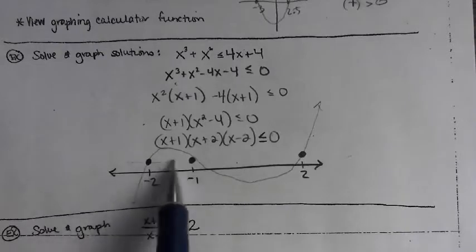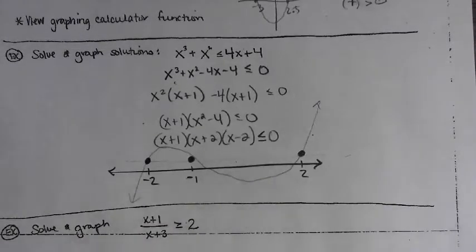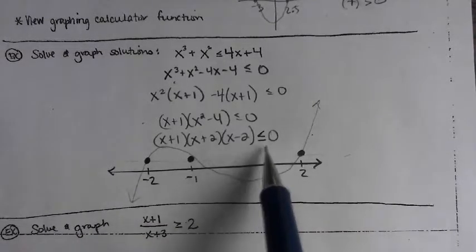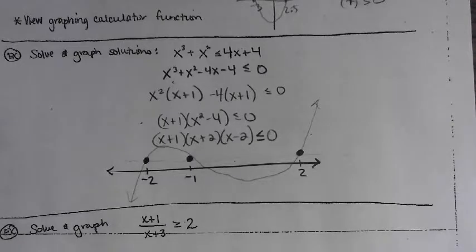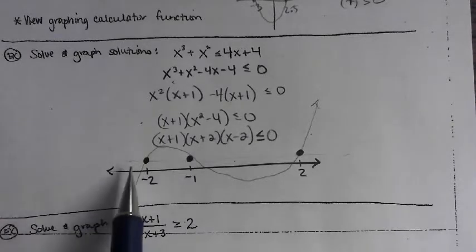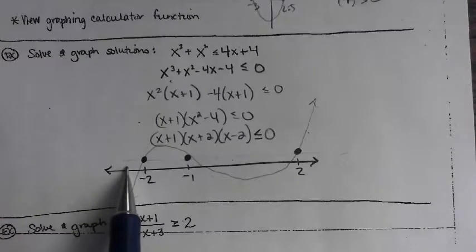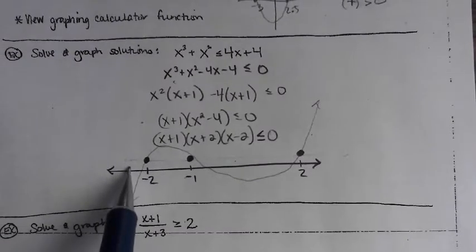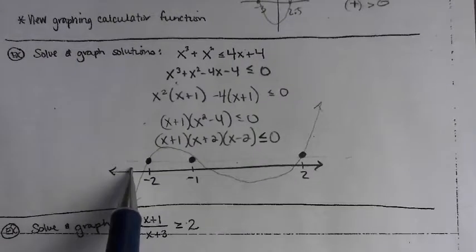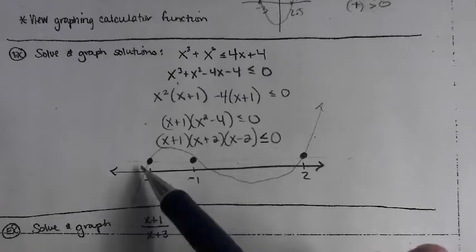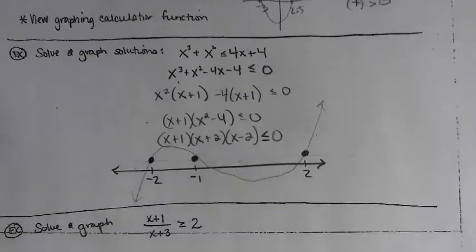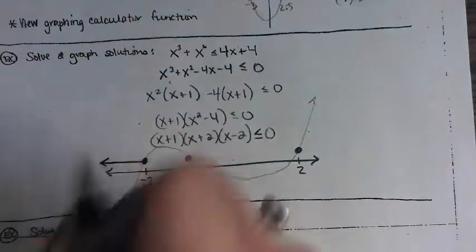So if you kind of treat this like the x-axis, we are looking for when this is less than or equal to 0. So over here, is this a good solution? Is this less than or equal to 0? Is the graph underneath the x-axis over in this section? Yes, it is. So that's going to work.